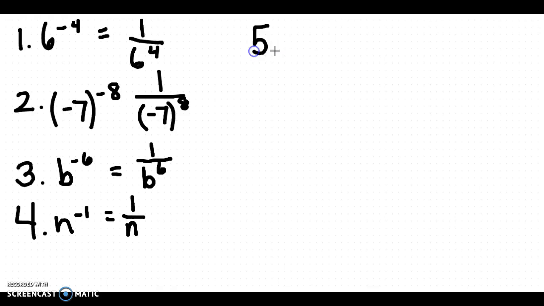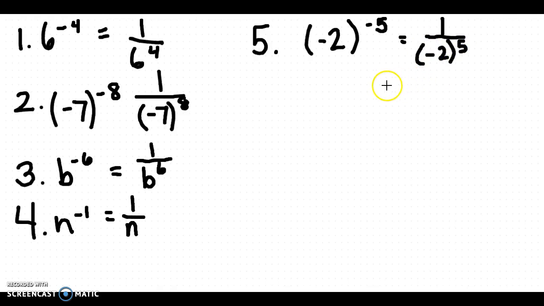For number 5, we've got negative 2 to the negative fifth power. So we're going to have 1 over negative 2 to the fifth power. For number 6, we've got 10 to the negative third power. That's going to equal 1 over 10 to the positive third power.